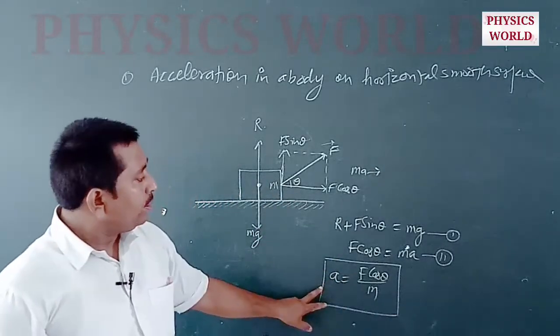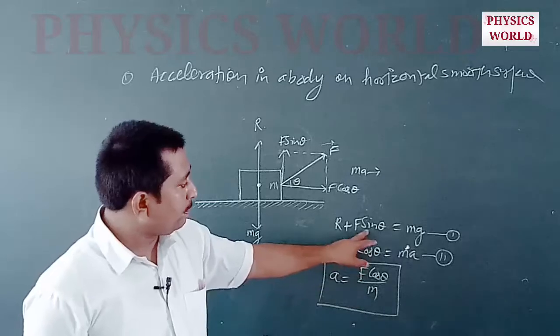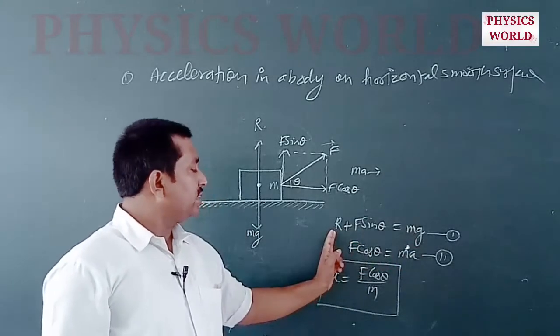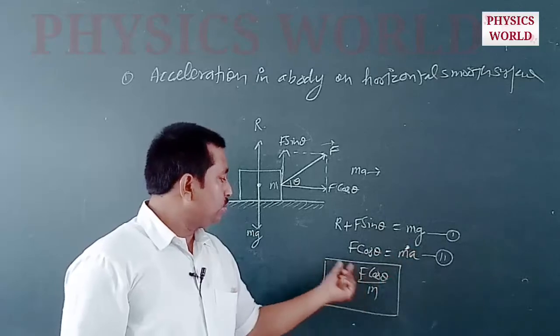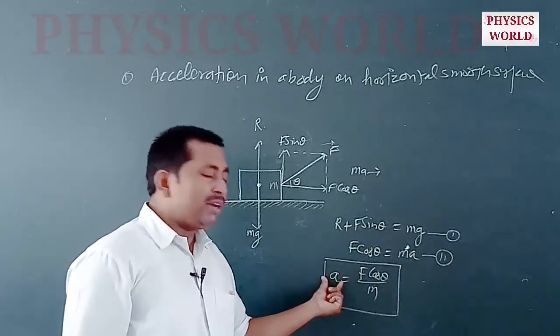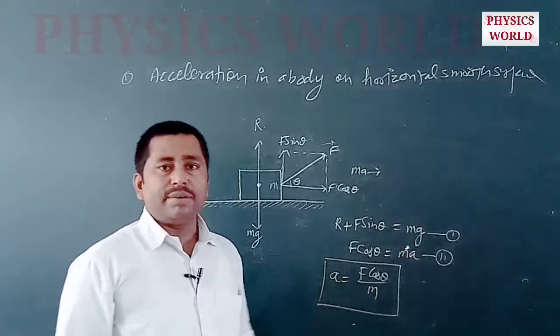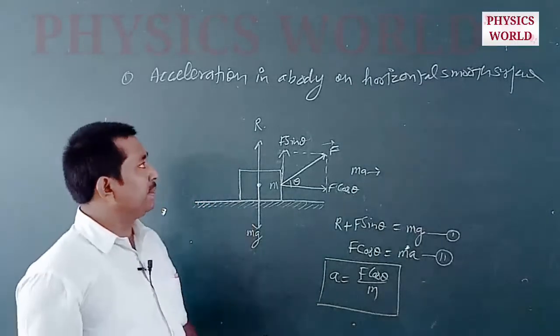If we put the value of F from the first, that is mg minus R divided by sin theta, we can easily get the value of a in terms of R, m, g and theta. Okay, so this is a simple case.